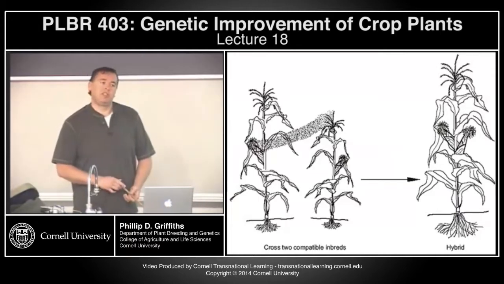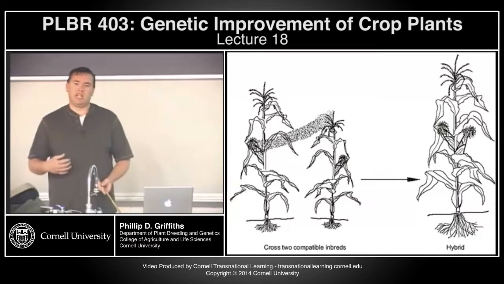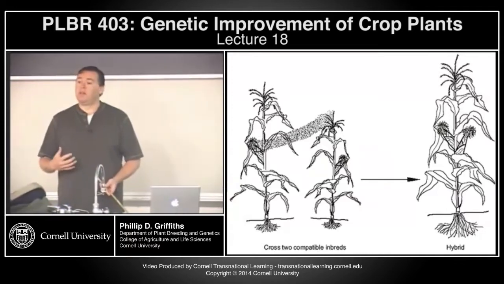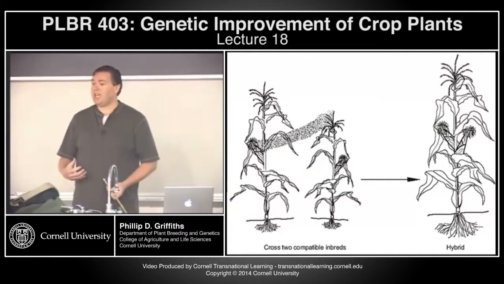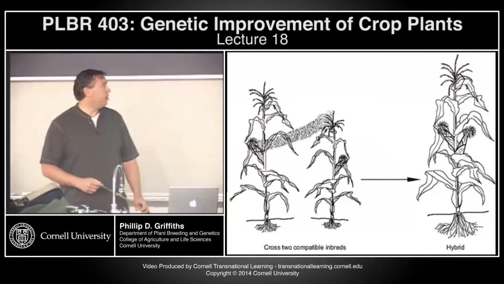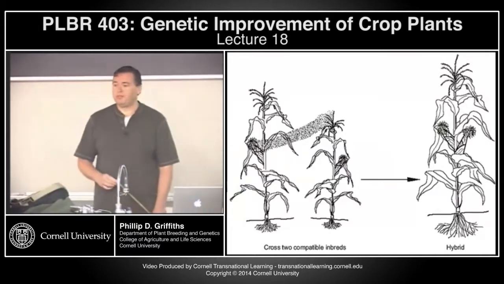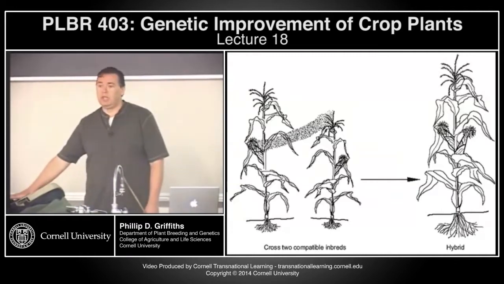But over time, this has actually changed quite a lot. As inbreds have been selected for a number of decades, they've started to gain a lot of vigor as the deleterious recessive genes have been selected against in inbred parents. If you looked at the inbred parents of corn hybrids 30 years ago, they may have been this tall.